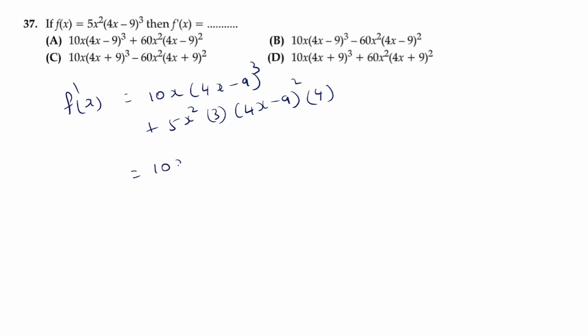Or this is equal to 10x into 4x minus 9 the whole cube. Here we have 5 into 3 15 into 4 60. So plus 60x square into 4x minus 9 the whole square. So the correct option is option A.